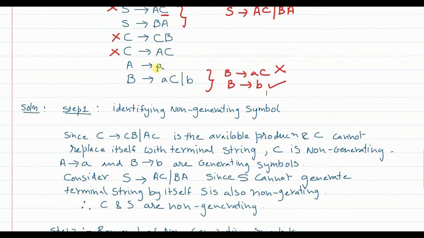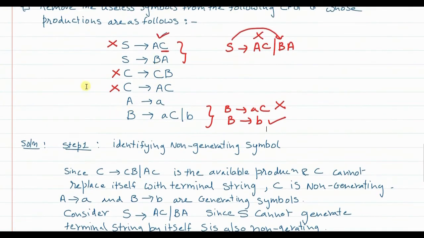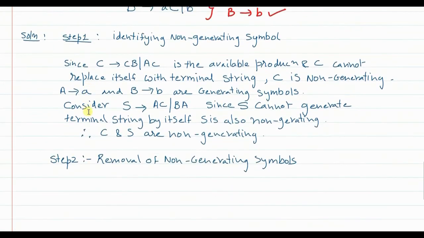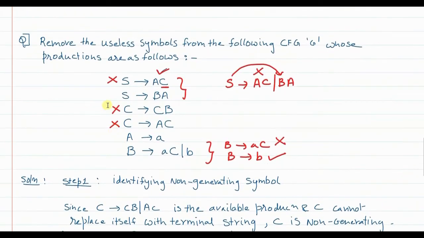So finally, in step 2, removal of non-generating symbols, wherever capital C is involved in whichever production, whether on the left hand side or right hand side, we are going to remove those. So all these, 1, 2, 3 and this one also, 4, we are going to remove.